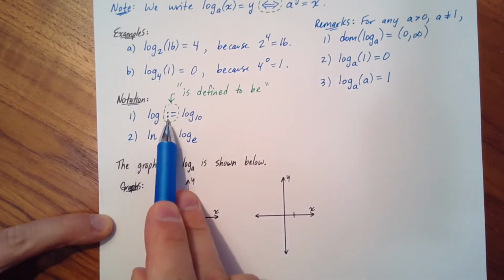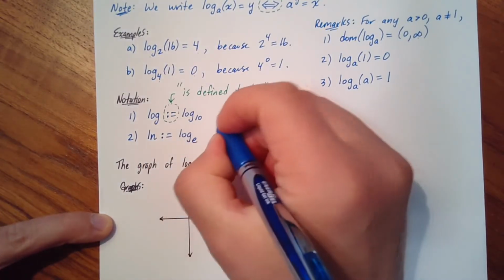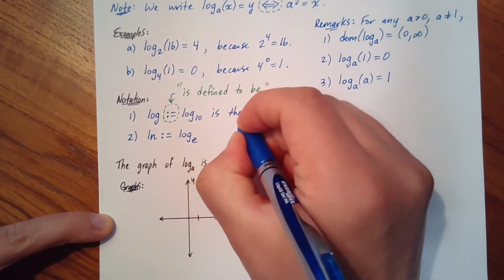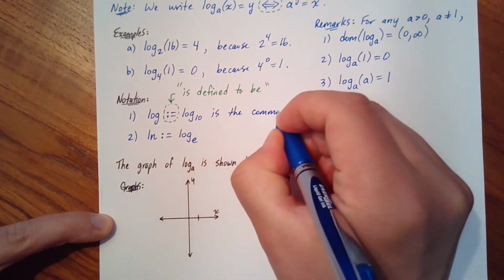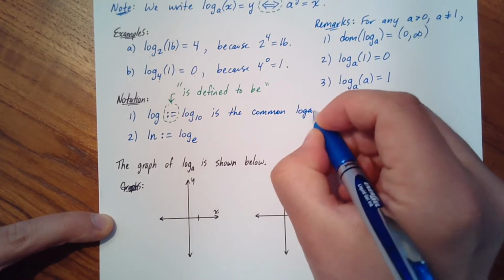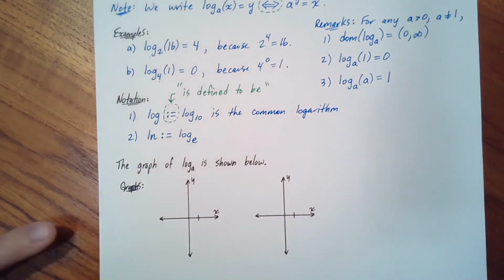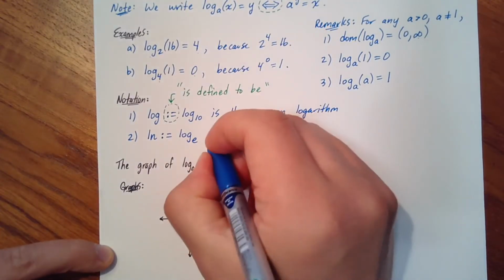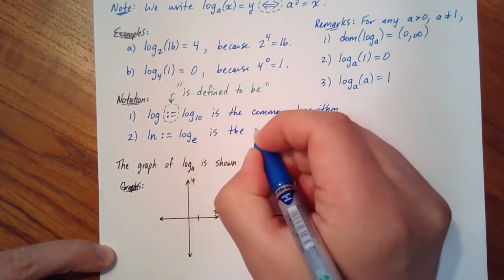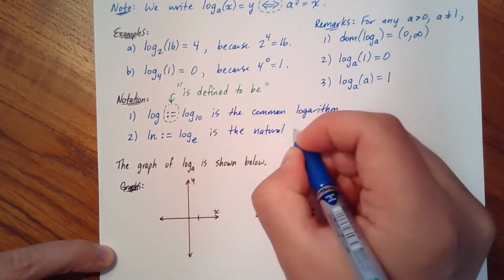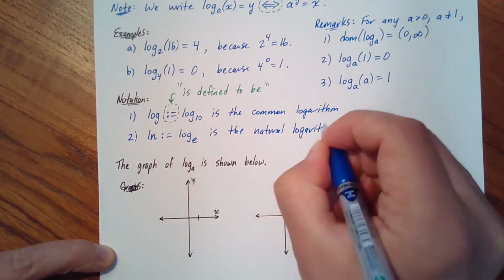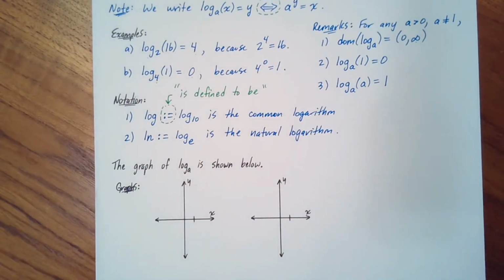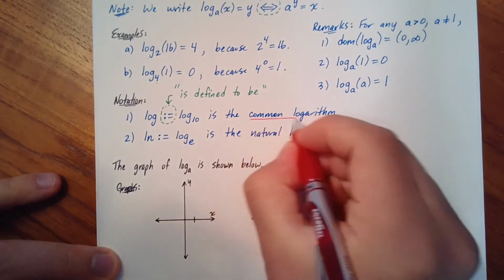Log base 10 is called the common logarithm, and the natural log, our log base e, is called the natural logarithm. All right, so those are worth underlining.